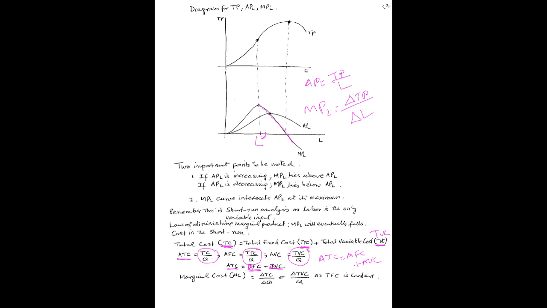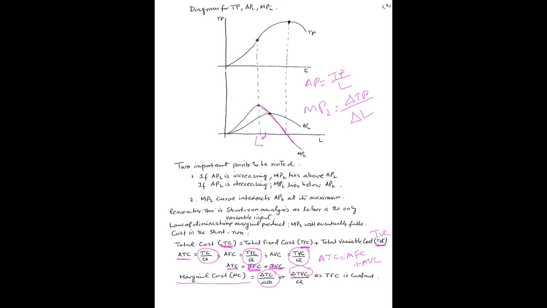And then we have marginal cost, same as marginal productivity, same as marginal utility, that is change in total cost. You can see the formula: change in total cost divided by change in output, not labor, not change in labor, change in output. Or you can also calculate change in total variable cost divided by change in output. Same thing. Why the same thing?